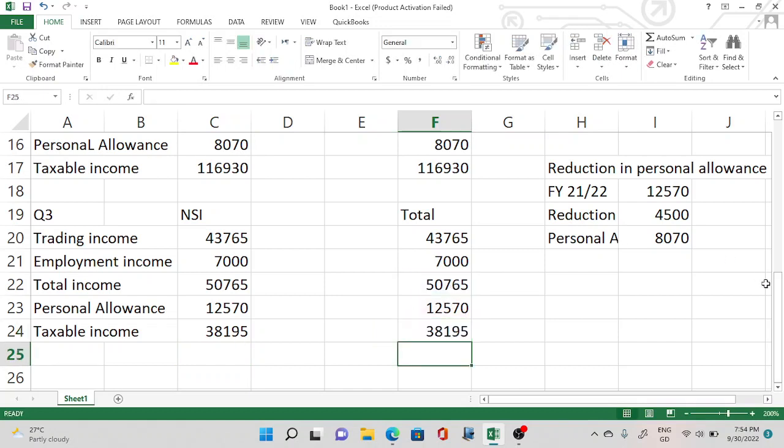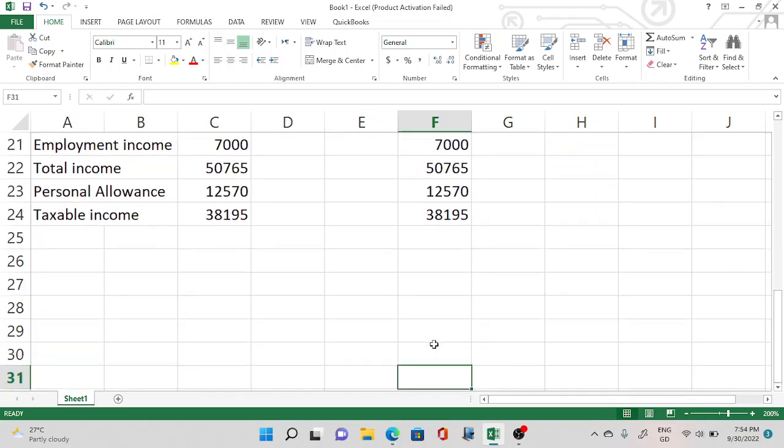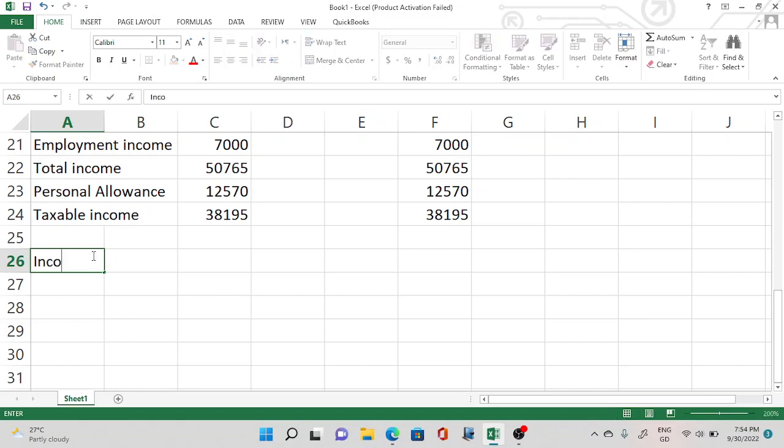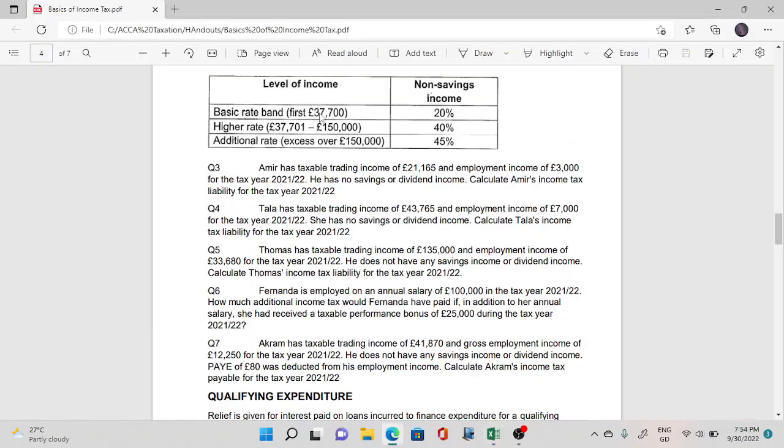Now, just look at the answer, that is 38,195. Now see how that will be taxed. Very important, we are finding the income tax liability. Just like I showed you, the first 37,700 falls into the basic rate band.